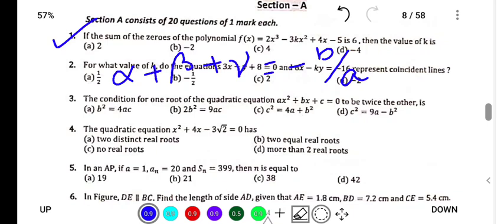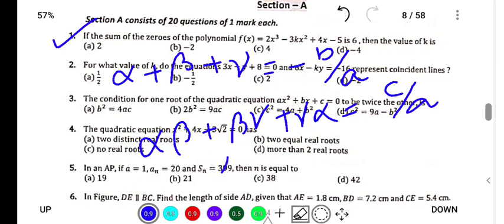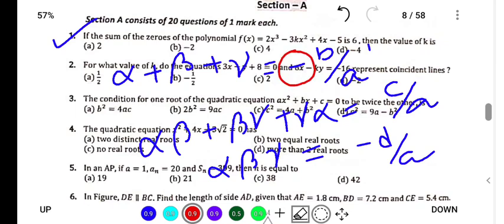And the product of three zeros, alpha beta gamma, is minus d by a. The signs alternate: first minus, then plus, and then minus.